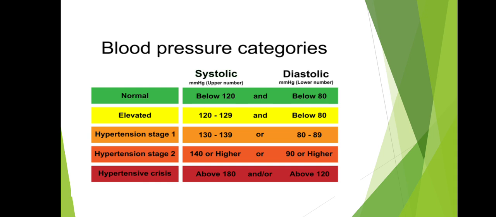It's like you're giving too much pressure on the heart and on the blood vessels, so someone can die within a few seconds. So now, a hypertensive crisis is above 180 systolic and above 120 diastolic. This person is in a crisis and needs a medical emergency.